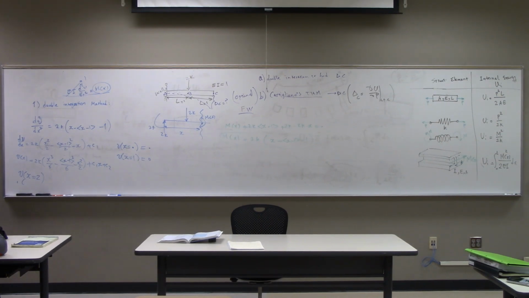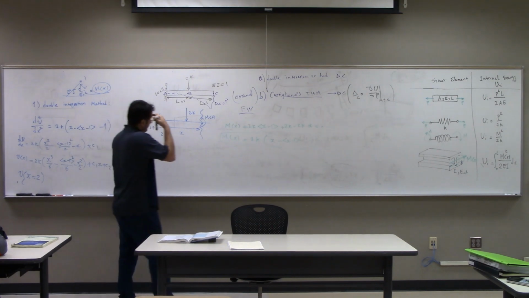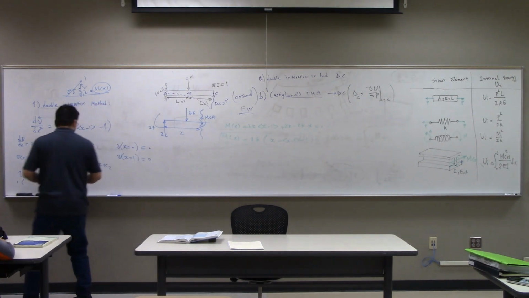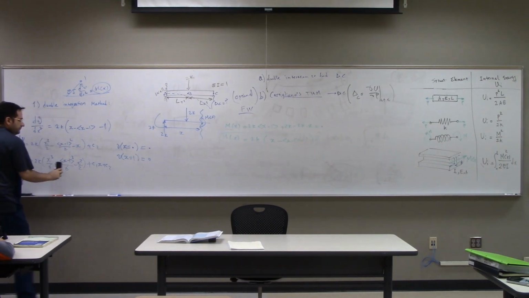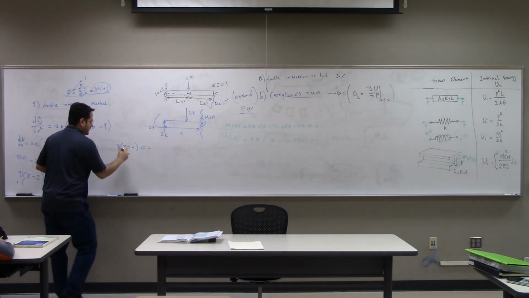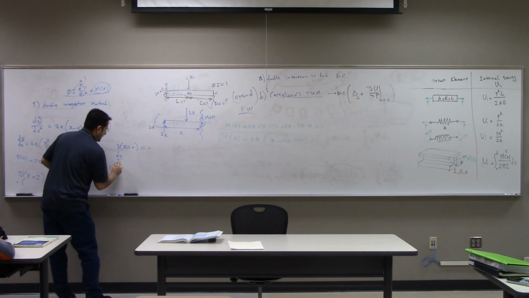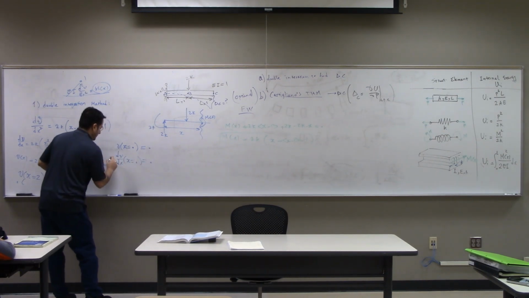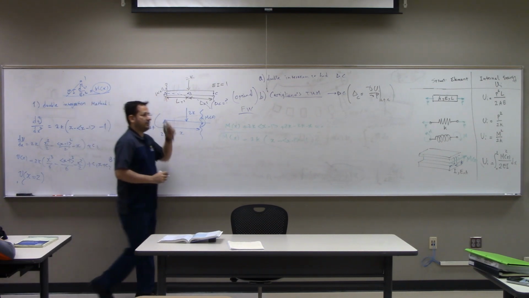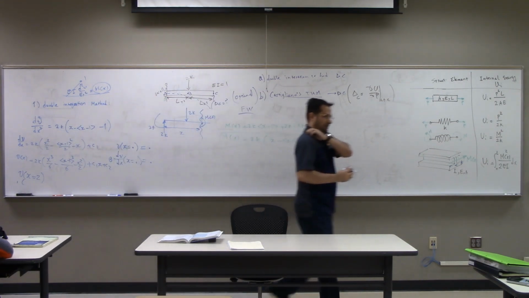It should be that the slope was 0. Yeah, sorry, I thought there was a roller here. That's right. The deflection at 0 is 0, the derivative of deflection at x equals 0 is 0. So both the slope at 0 and the deflection at 0 are 0, right?